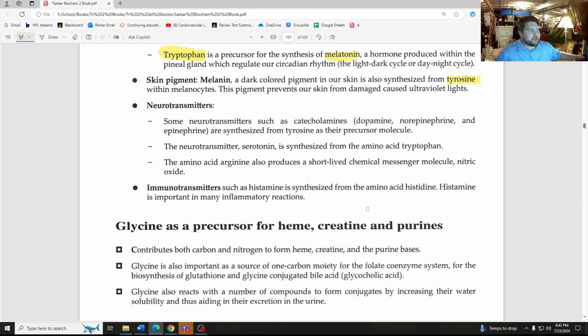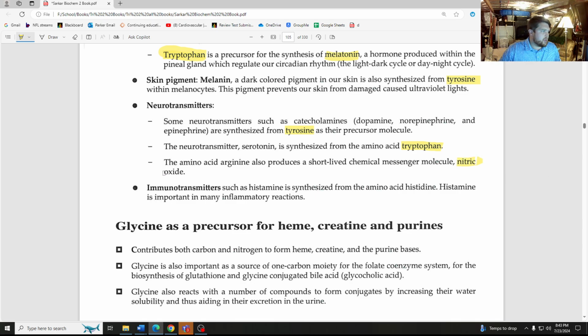Some neurotransmitters, such as the catecholamines dopamine, norepinephrine, and epinephrine, are synthesized again from tyrosine. Tyrosine does a whole bunch of stuff as a precursor molecule. The neurotransmitter serotonin is synthesized from the amino acid tryptophan. There's tryptophan again. The amino acid arginine also produces a short-lived chemical messenger molecule, nitric oxide.